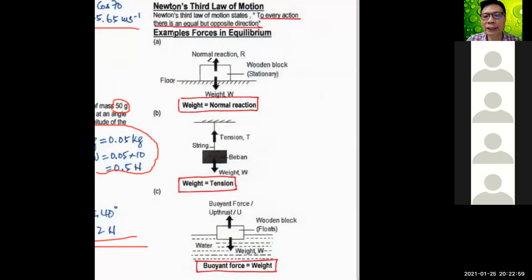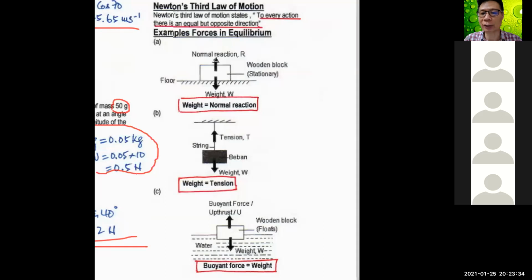This object is in the state of forces in equilibrium. Up and down cancel out. When in equilibrium, this object will stay stationary, not moving, staying on the floor. Or it is also possible the object will move, but only with constant velocity.